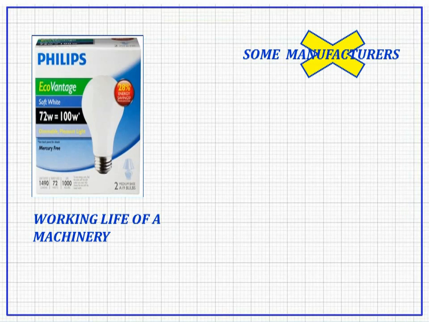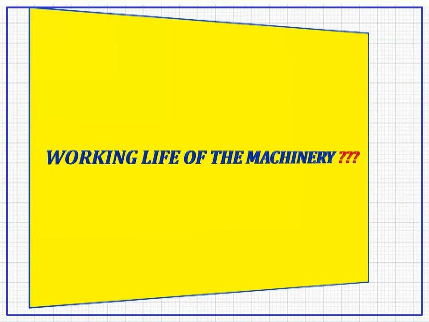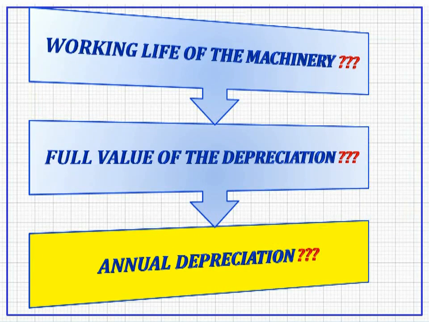When you buy machinery for your company, you have to calculate based upon your own judgment what should be the working life of this machinery. If you don't know the working life of the machinery, you won't be able to calculate the full value of depreciation, and in turn, you won't be able to calculate the annual depreciation of the machinery.